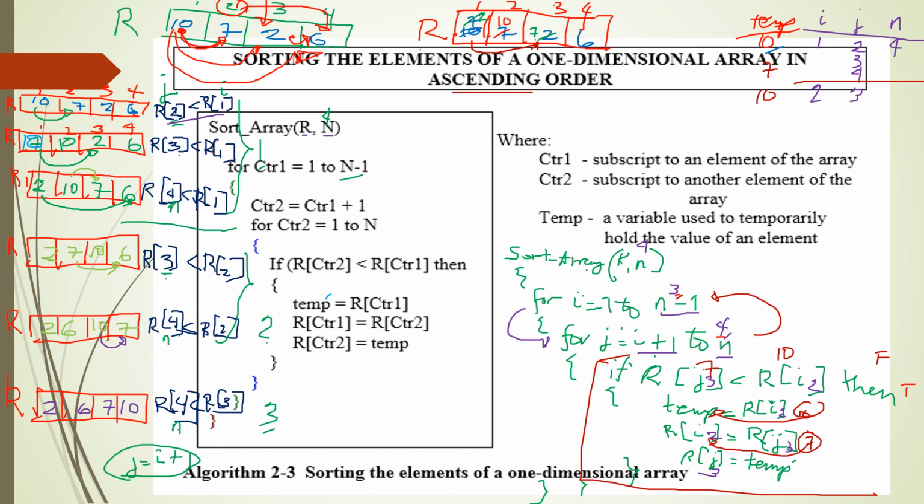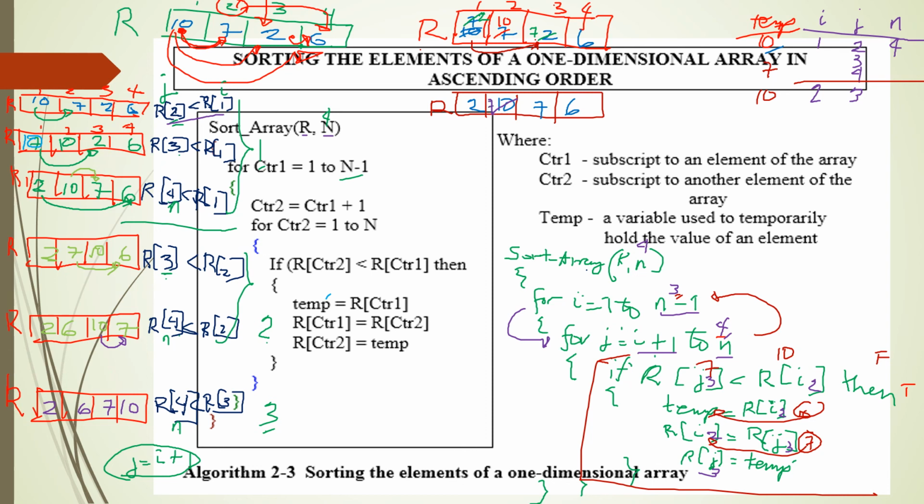Nalilito na ba? Sulat ko na lang ulit dito. Yung continuation na itong array na to, ha? Pero we are still referring to one array. Okay? So, yung last natin, 7, 6, 10, 2. Okay? So, we're going to assign R sub 2 with 7. So, R sub 2, ito yun, R sub 2 magiging 7.